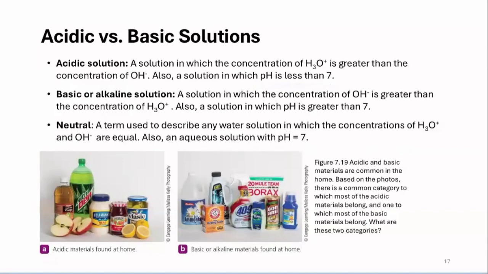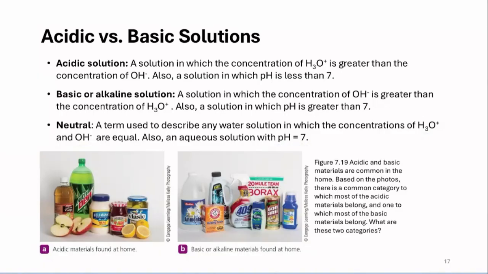On the other hand, in a basic solution, we're going to find a higher concentration of hydroxide compared to hydronium. On the pH scale, solutions that are considered basic, or in other words, alkaline, are going to have a pH that is greater than 7. Neutral solutions are going to have equal concentrations of hydronium and hydroxide, so the pH is exactly 7.